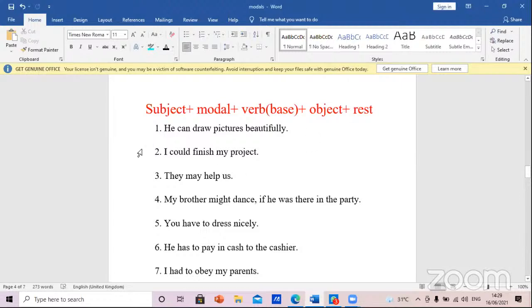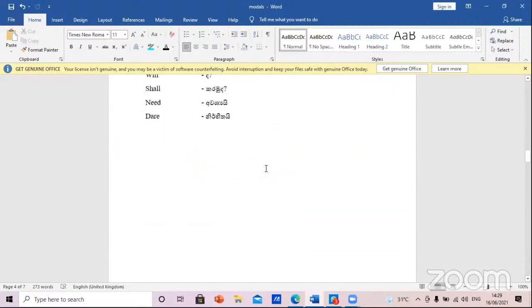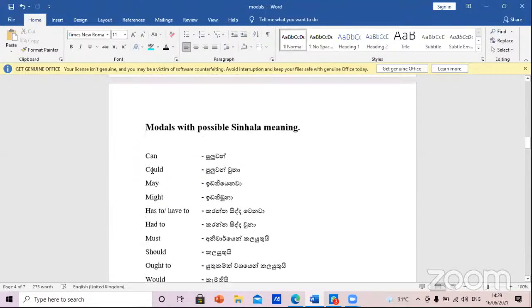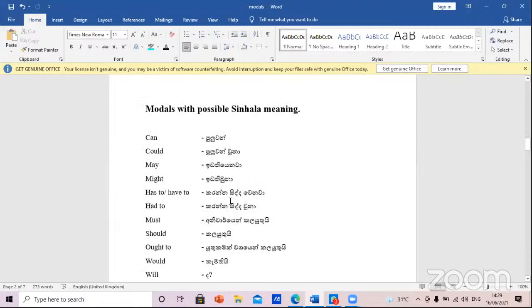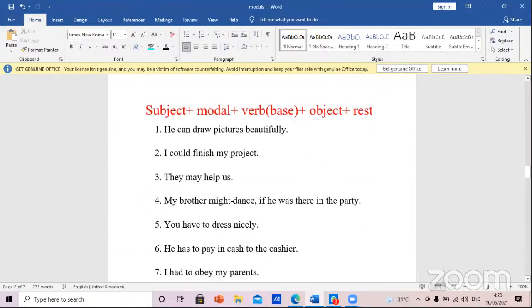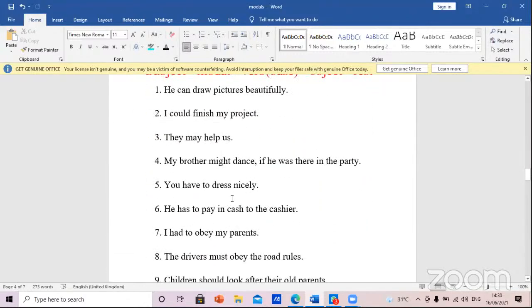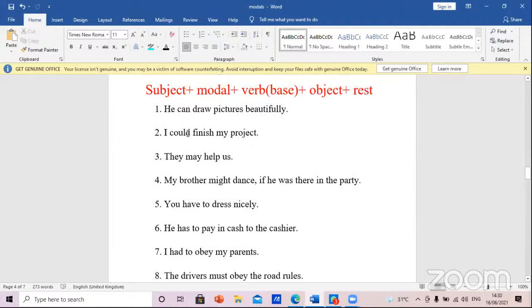Okay. I could finish my project. I have followed this order: can, then could, may, might, has to. I have used them in order. I could finish my project.